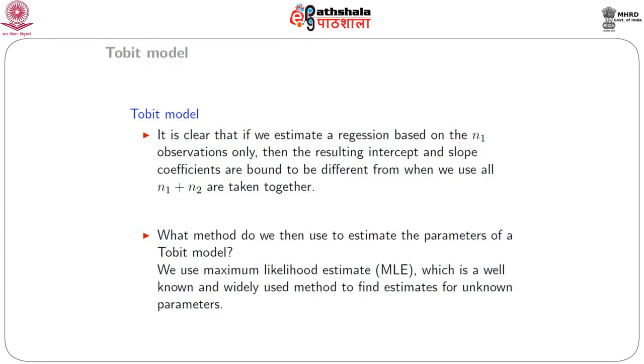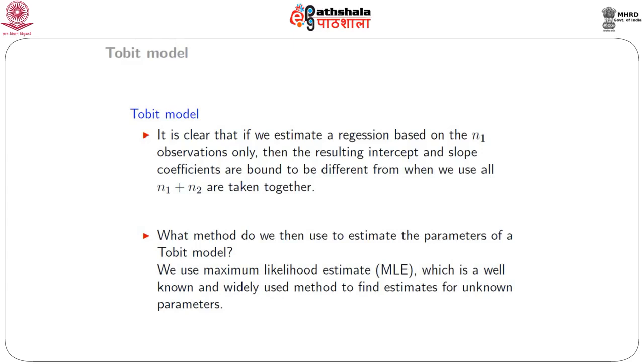So, dividing both sides by sigma, probability epsilon i divided by sigma is less than or equal to negative xi beta divided by sigma given xi, which in terms of the cumulative distribution function of the normal distribution is written as phi of negative xi beta divided by sigma. So, probability of yi greater than 0 given xi would be 1 minus phi of negative xi beta divided by sigma, and using this form we obtain the maximum likelihood estimates of the parameters beta.